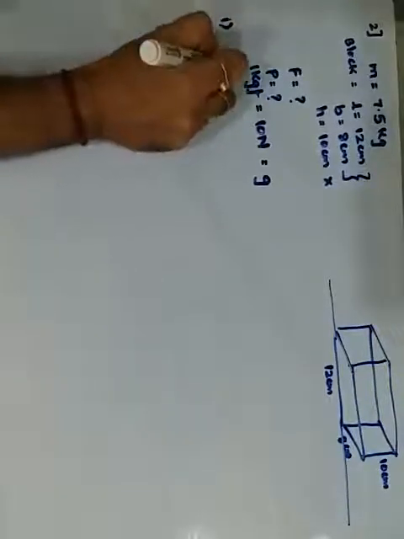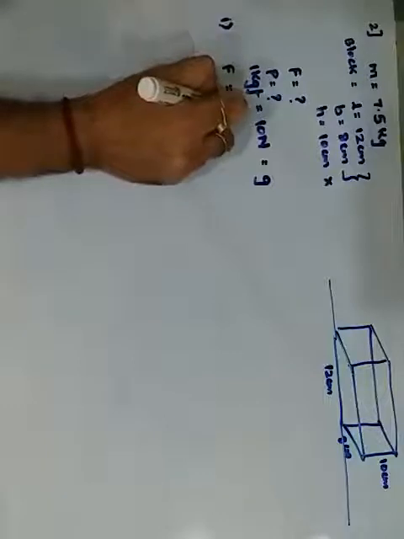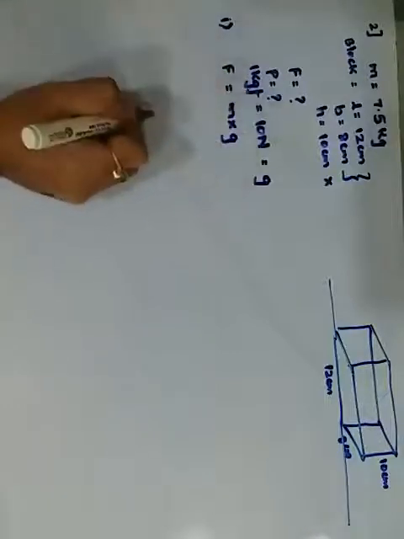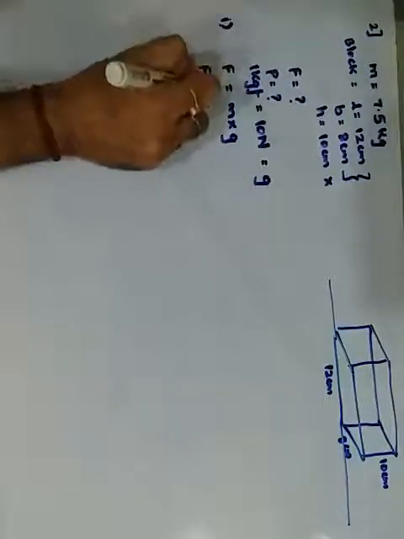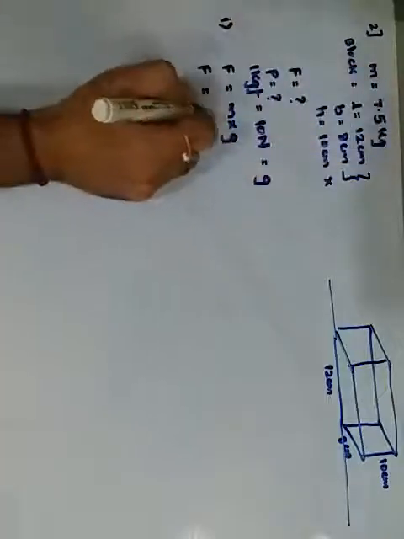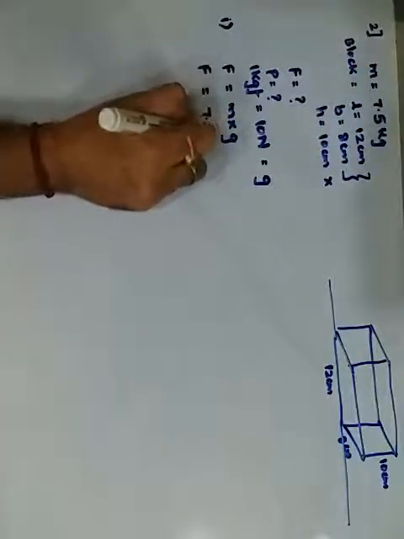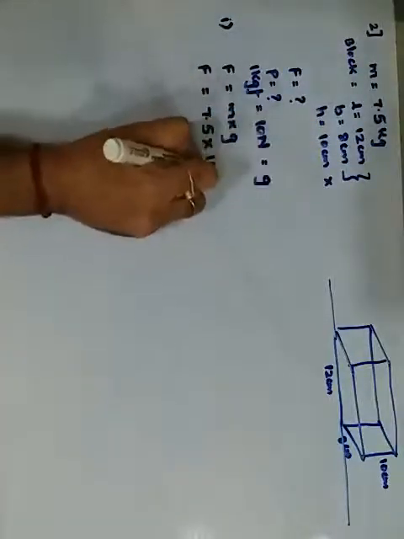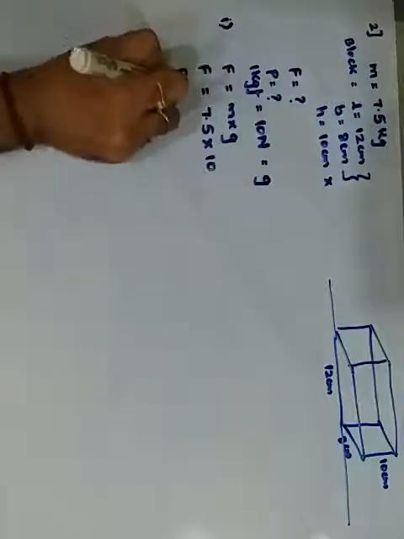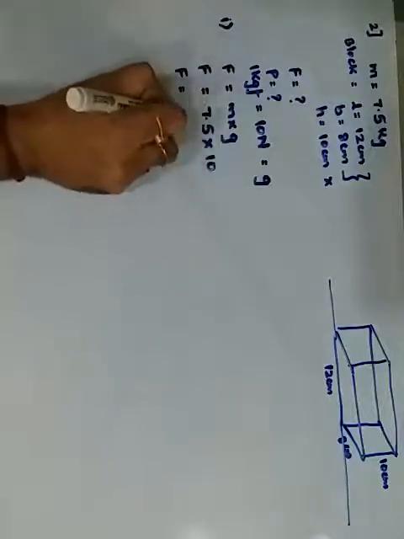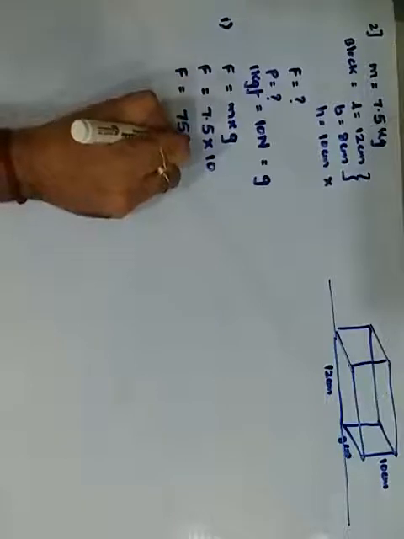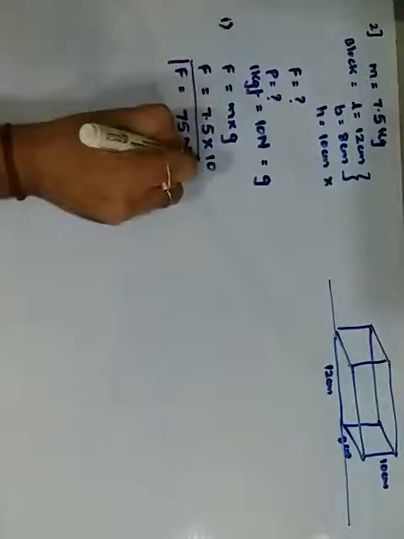What is the formula for force? Force is equal to m into g, mass into gravity. Therefore the force exerted is mass, 7.5 kg, into gravity, 10 Newton. So it comes out to be 75 Newton. Force is given in Newton.